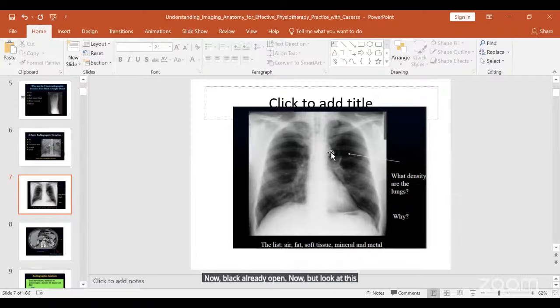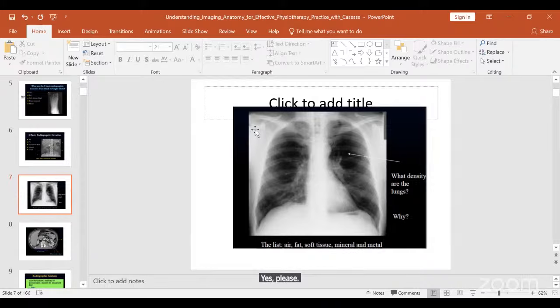What's this structure in the middle, in the mediastinum? That's the heart, sir. Good. Now, what about this structure here? The clavicle, right? So another very confusing thing is, why is the heart appearing the same with this shoulder or the clavicle? They have the same appearance. Is the heart bony in nature?